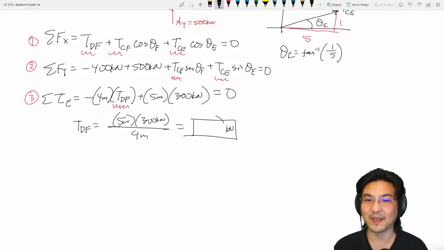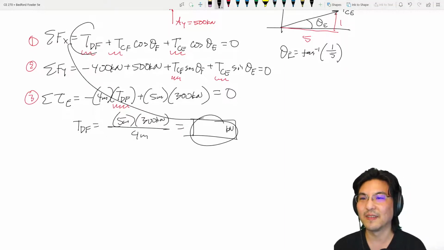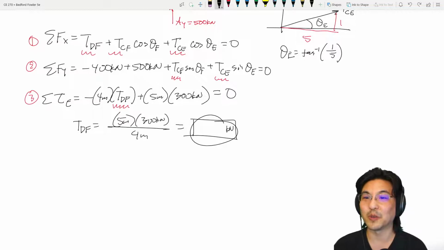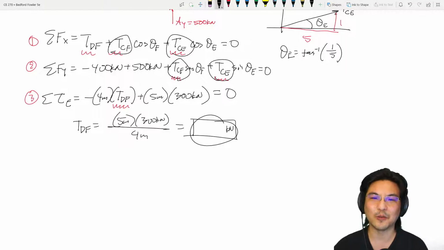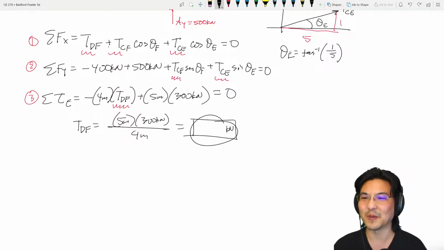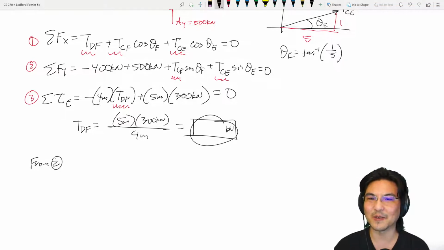Then take this value and plug it in here. Now if you look, equation 1 would only have 2 unknowns, and equation 2 would have 2 unknowns. So just pick one. For example, from equation 2, let's say you want to solve for TCE.